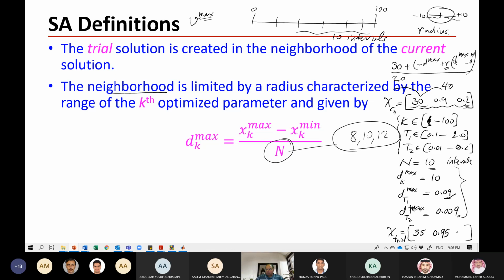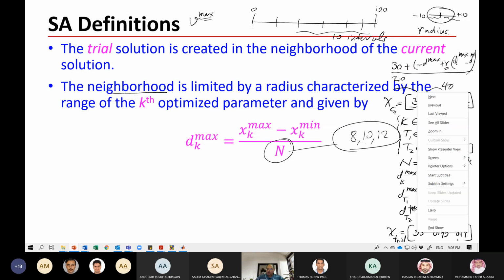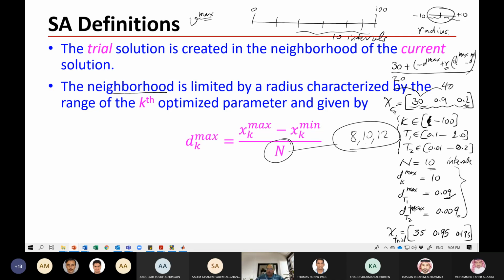So this could be 0.1, 0.195 for example. And this is a trial solution created from this current solution in the neighborhood of the current solution. Is it clear? If you have any question, don't hesitate. We need to explain as we are going on.